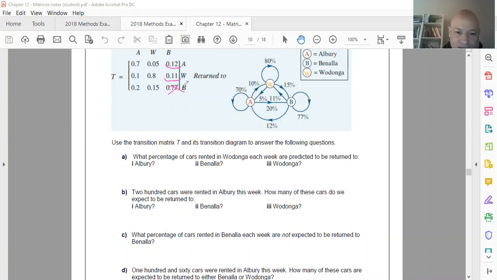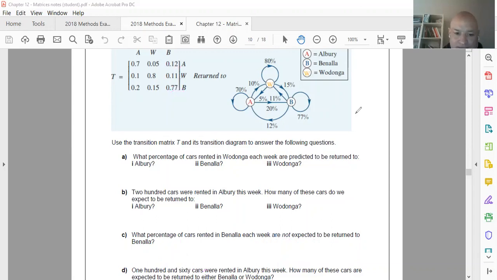So altogether I have 0.11 plus 0.12, which gives us 0.13. So if I times that by 100, I get 13%. So what percentage of cars rented in Benalla each week are not expected to return to Benalla? 13%.